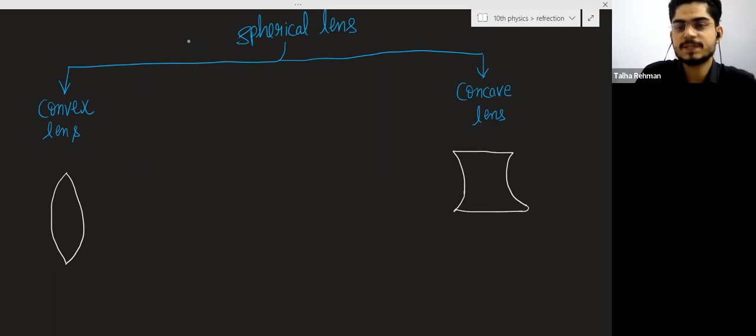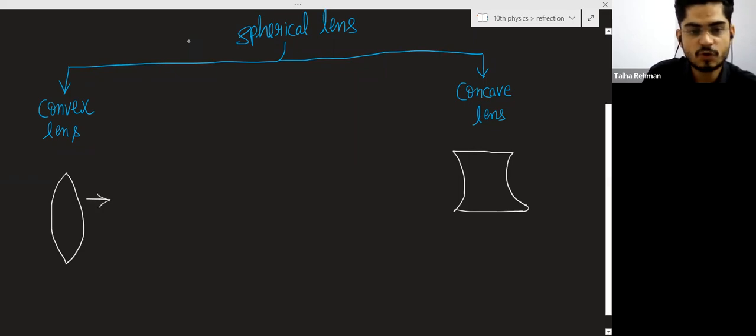So this is the concave lens. This is the convex lens. See here, this surface is bulging outward, so you will say this surface is a convex surface.